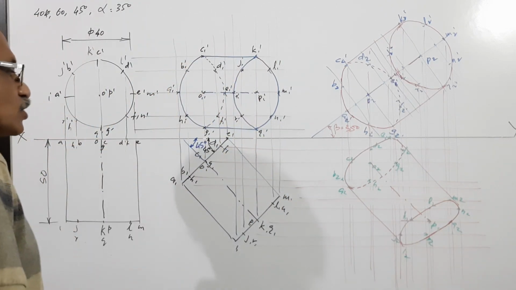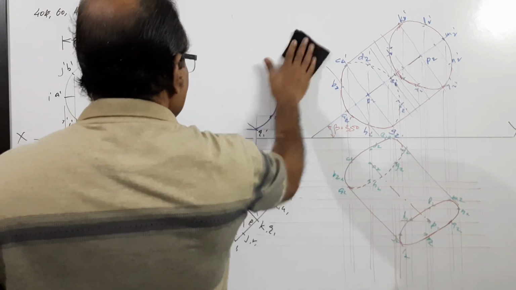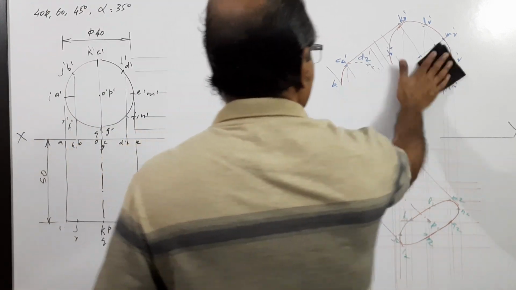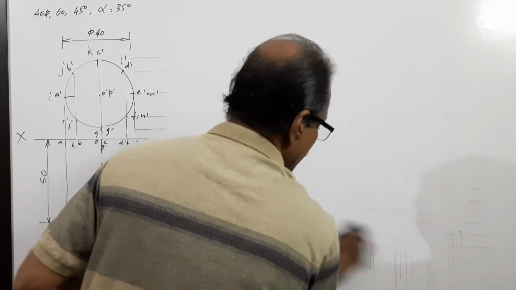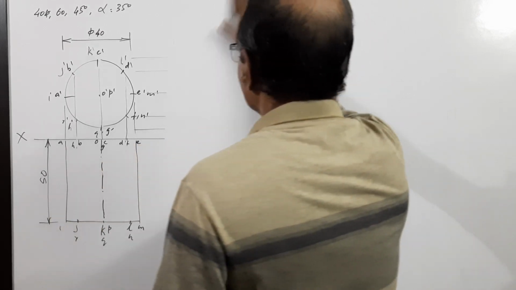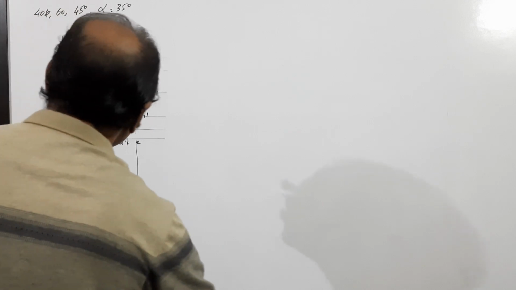If you go for auxiliary, I will just give you a shape. I do not know whether any of the students will be using auxiliary projection method in this particular problem. Auxiliary projection method is actually very useful, very quick, but it requires very good knowledge. So what you have to do?